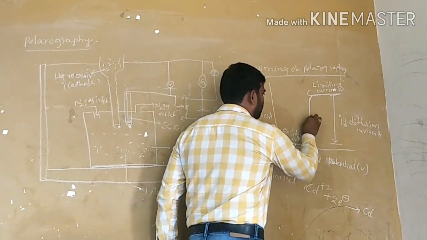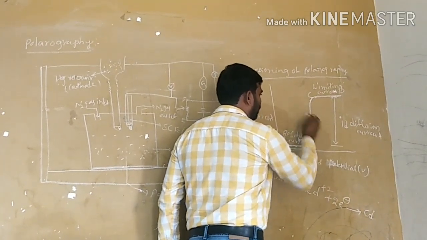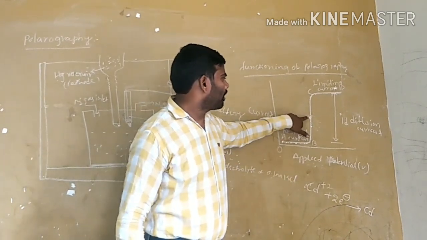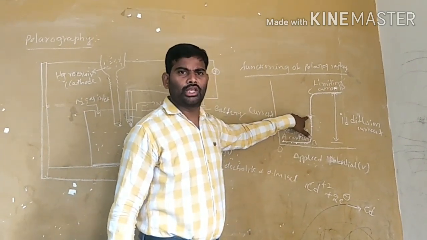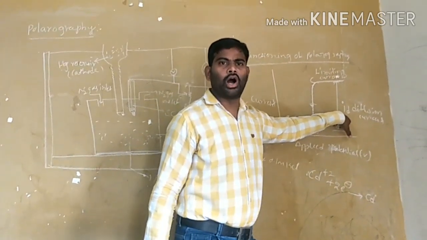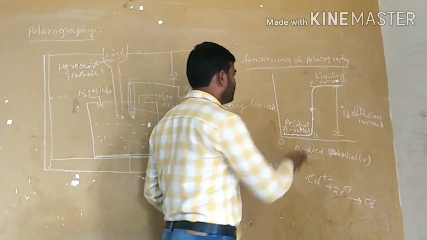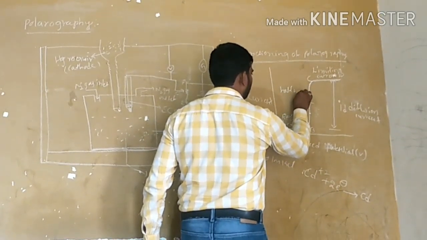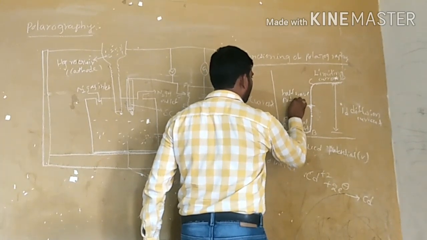Here, the potential at which the polarographic current is equal to half of the diffusion current, ID by 2, is called the half wave potential. This is the half wave potential, E half. What is the half wave potential?